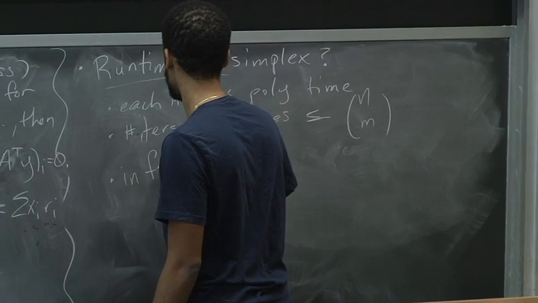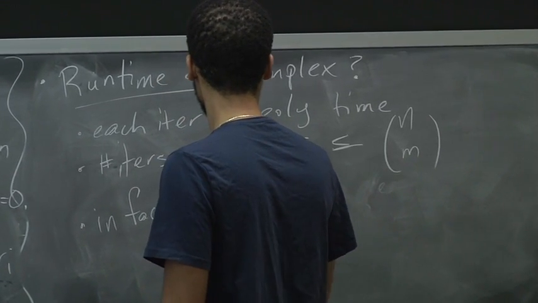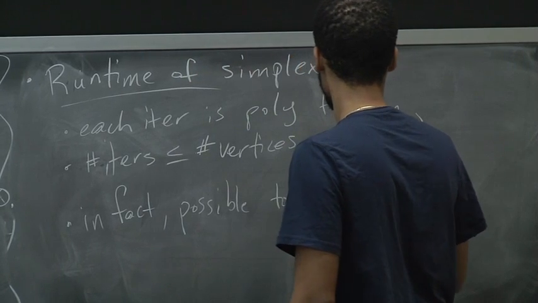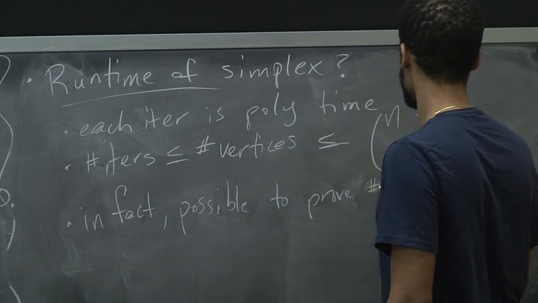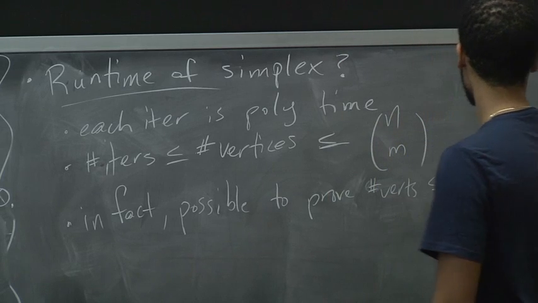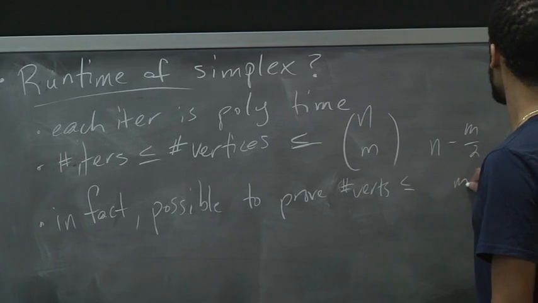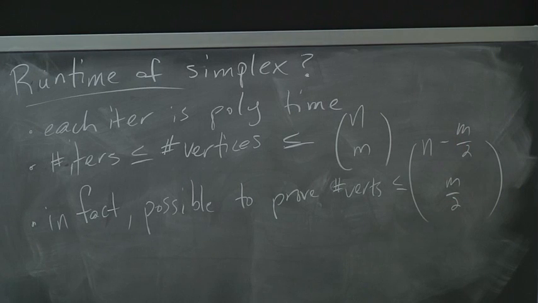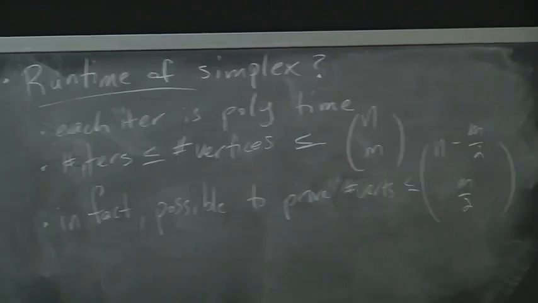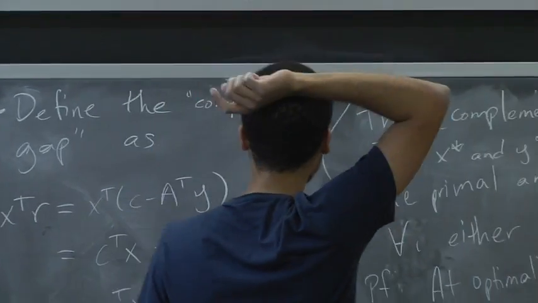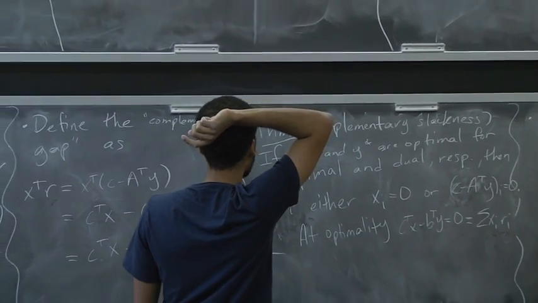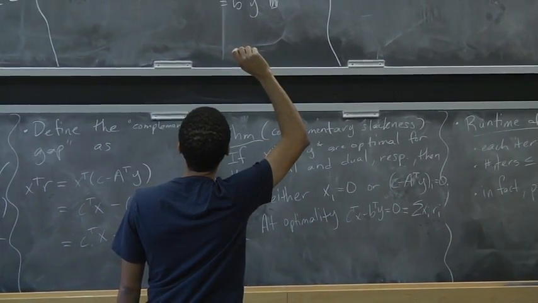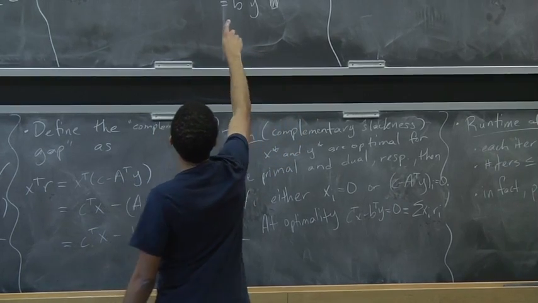In fact, it's possible to prove that the number of vertices is at most (n minus m over 2) choose (m over 2). The reason you could hope for any better bound at all is that not all choices of bases are feasible.